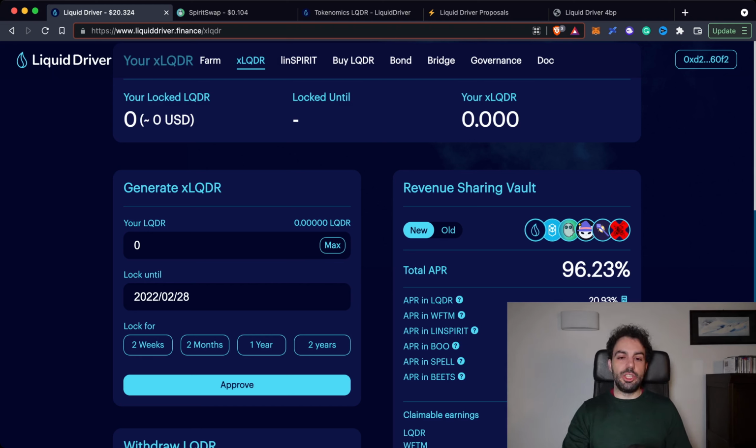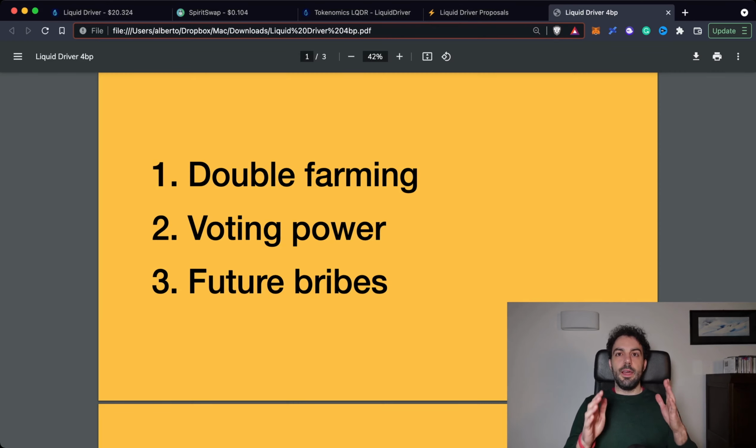So let's try to summarize for a moment what we have said. Liquid Driver is a protocol that aims to solve the problem of how liquidity is managed in the whole DeFi ecosystem, more specifically in this case on Fantom. It wants to incentivize people to stake the LP tokens on their platform instead of staking them on the platform of, for example, Spooky, Spirit, and so on.